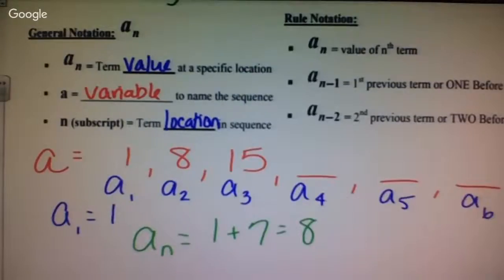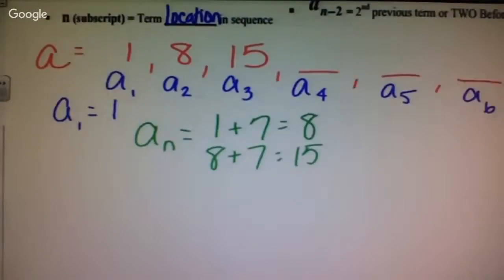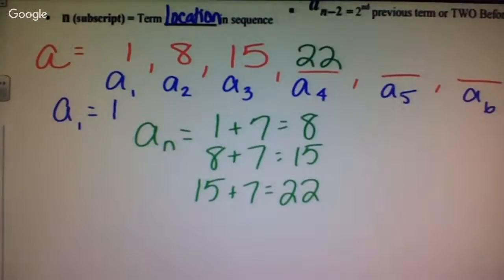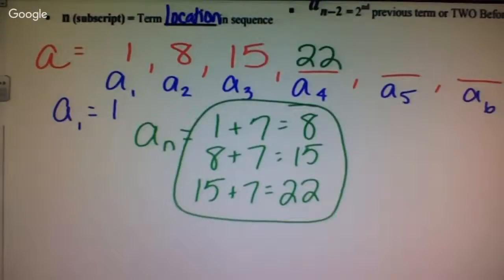You would have then taken 8 plus 7 and got 15. Then we take 15 plus 7, and that gives us what? 22. So this number here is 22. I now need to write this as an actual equation.